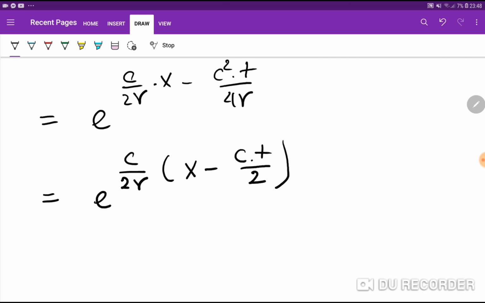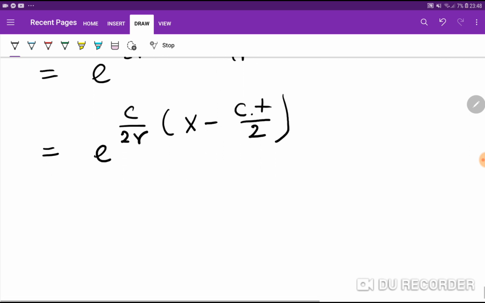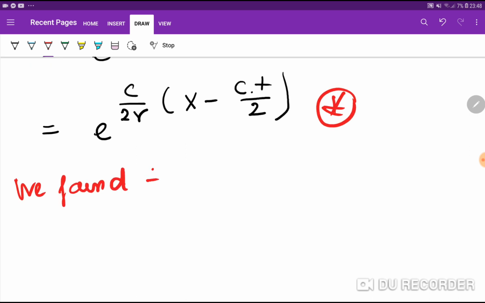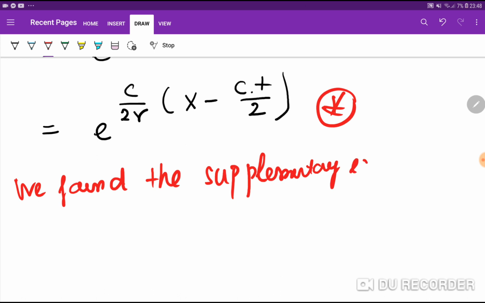What does it mean? Let me make a comment here. We found the supplementary equation S of x and t.